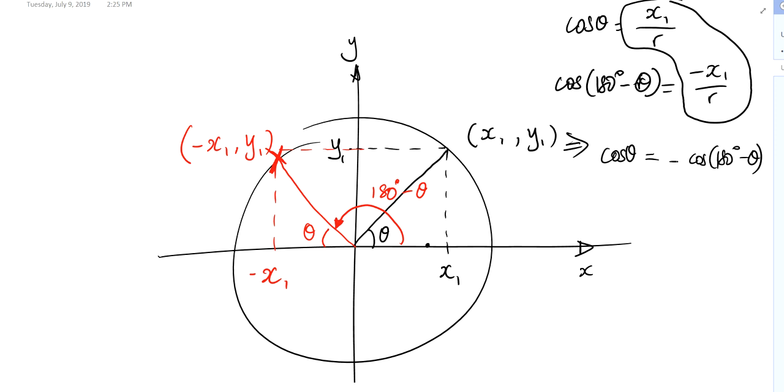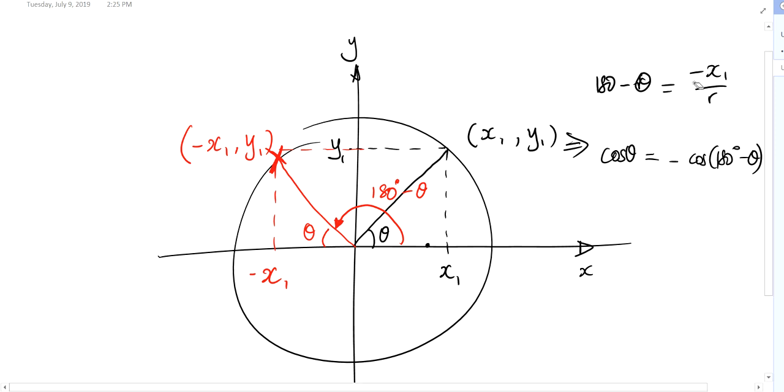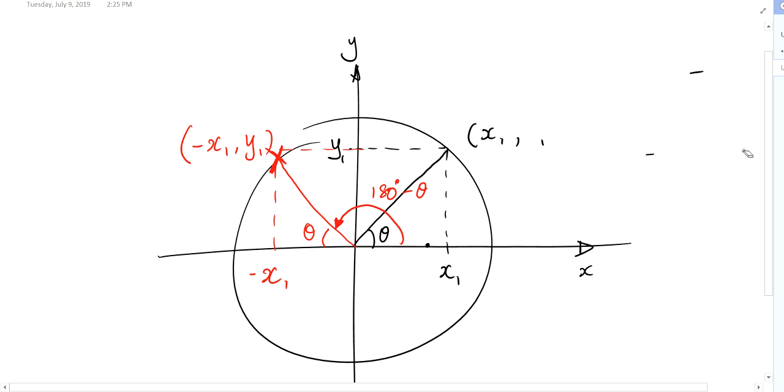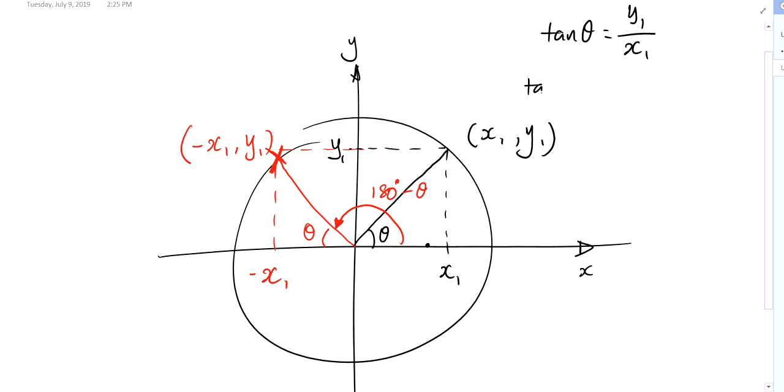What about A-maths? Can we continue with another trigo identity? Tangent, isn't it? Let's find out what tangent gives us. Tangent theta is y1 over x1. What about tangent of 180 degrees minus theta?